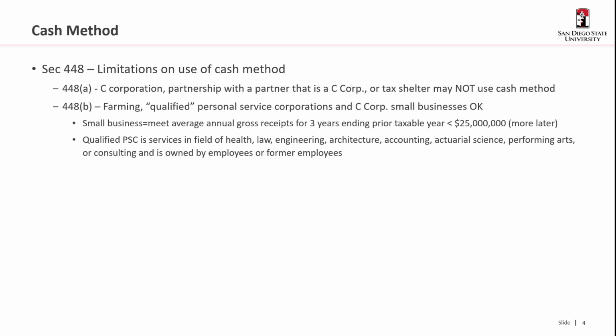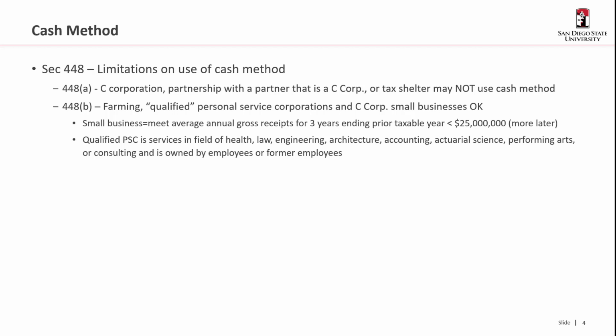However, if any of those entities are farming or a qualified personal service corporation or a small business, then they are permitted to use the cash method. So think of it as a corporation can't be a cash method taxpayer unless they meet one of these exceptions.